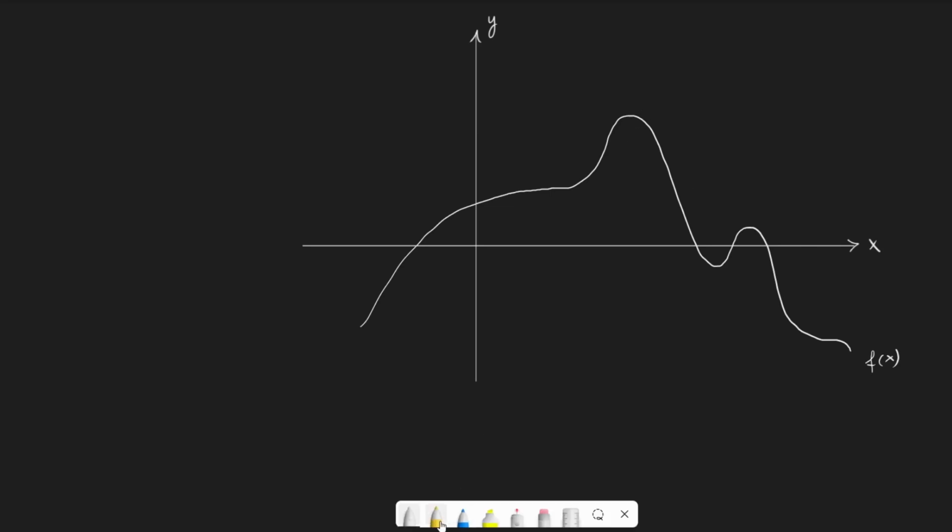What we can notice is that the derivatives at these points are zeros. If we drew the tangent line at these local extremas, we would notice that these are horizontal lines, which means that the derivatives at these points are zero.